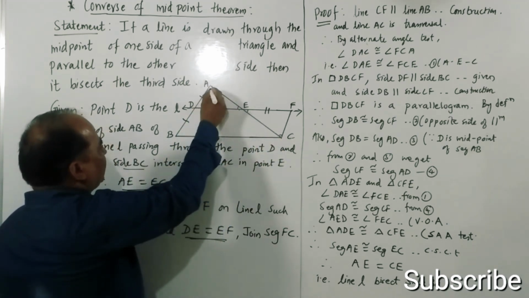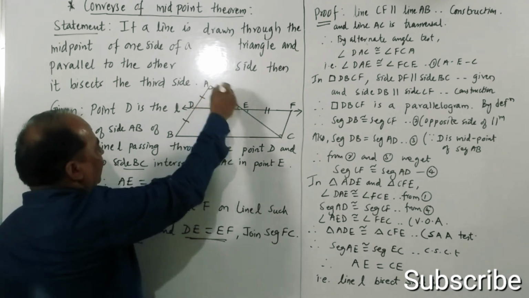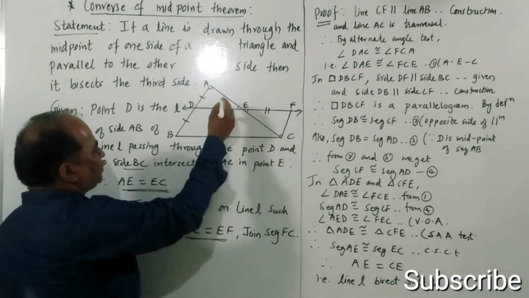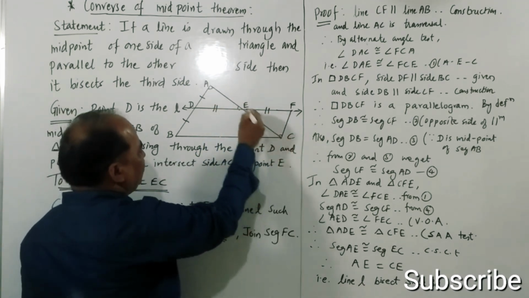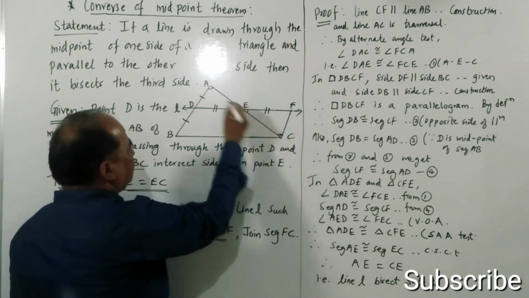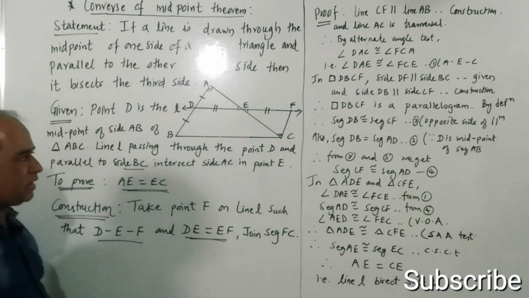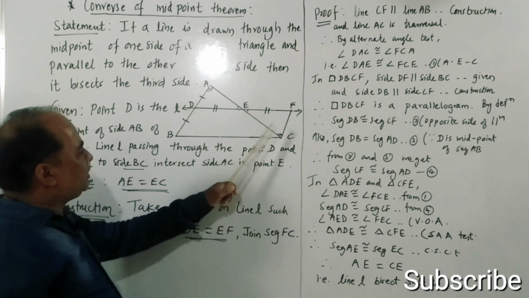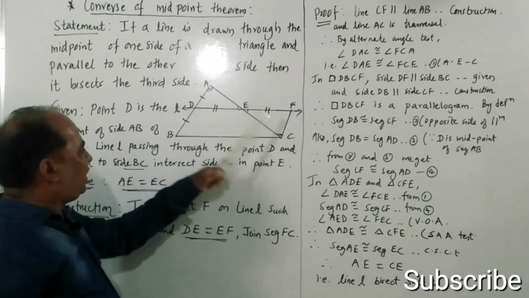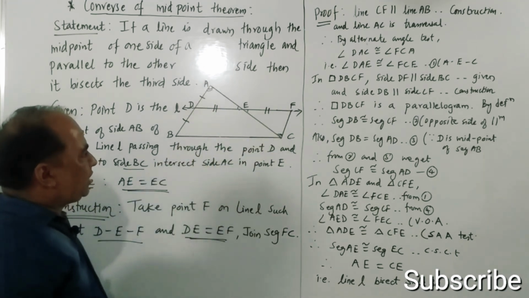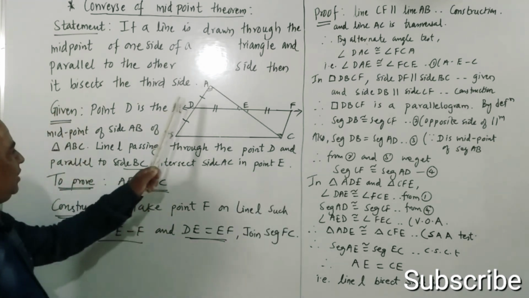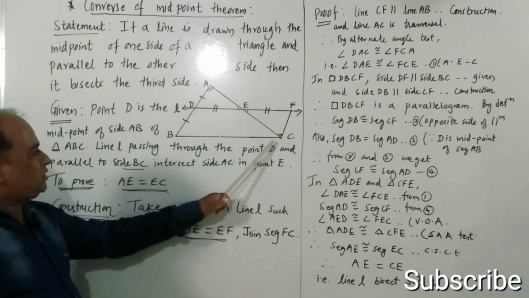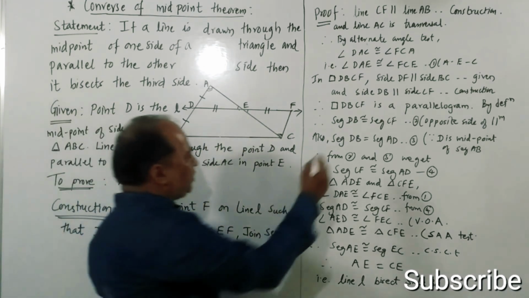Therefore, by the alternate angle test, angle DAC is congruent to angle FCA. That is, angle DAE is congruent to angle FCE. That is statement number 1.